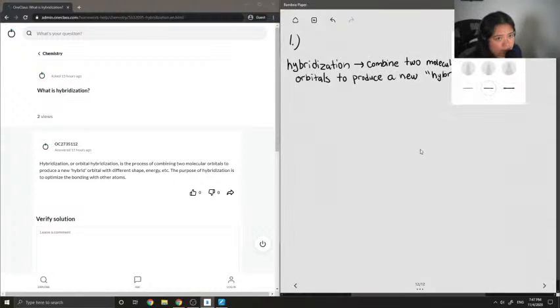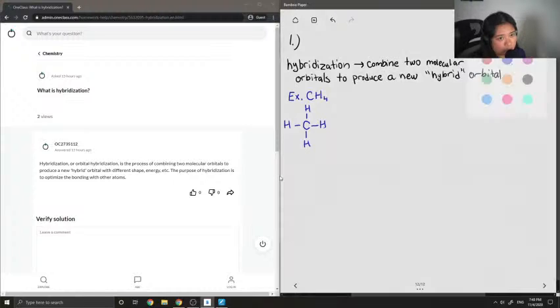So first, let me give an example of just normal methane. If you were to write out this molecule, you have just a carbon, and attached to it are 4 hydrogens that are all equivalent. If we didn't have hybridization, then its molecular orbital diagram would look like the following.